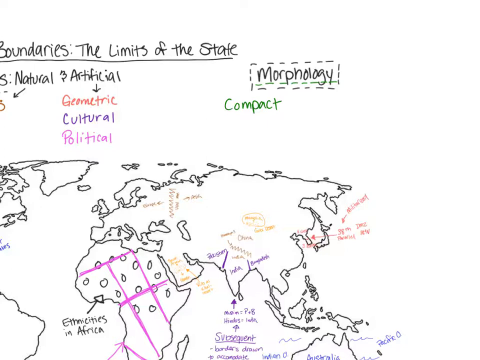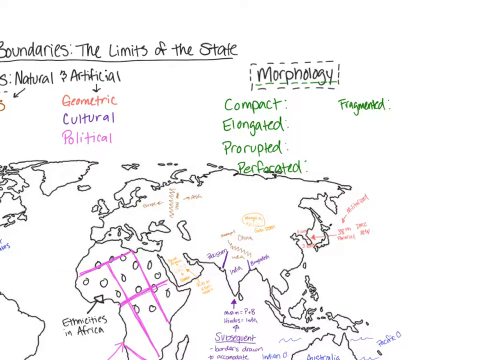We're going to make a key: compact, elongated, prorupted, perforated, and then fragmented is the last one. Okay, so these are all different shapes of states.